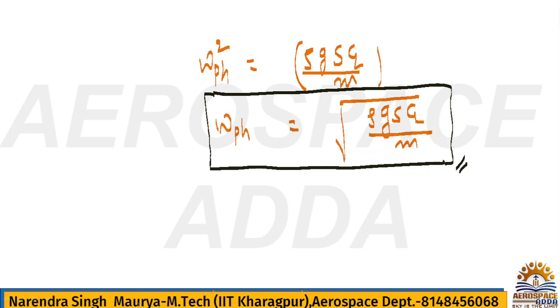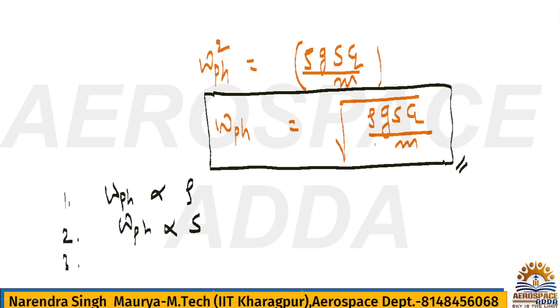Now you can see, point 1, the natural frequency wph is directly proportional to the density. It is also directly proportional to the wing area.